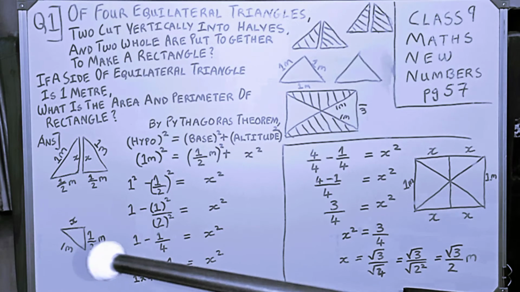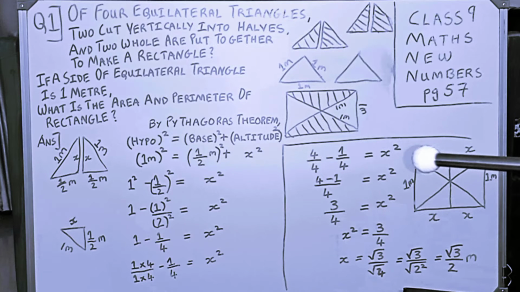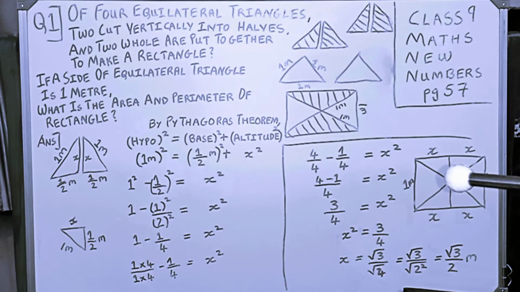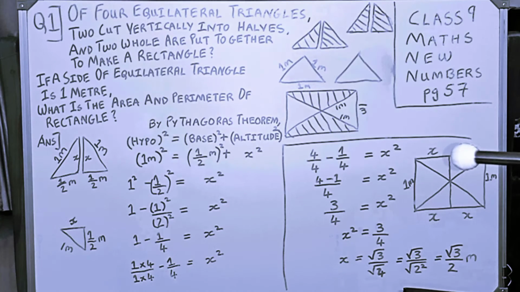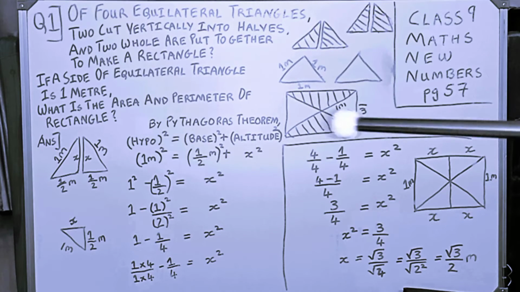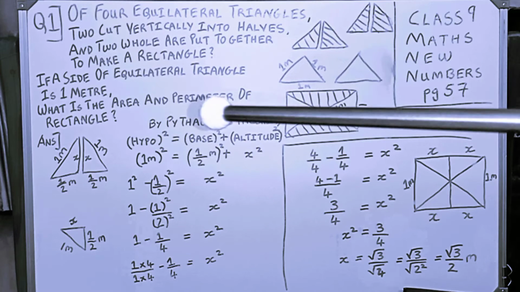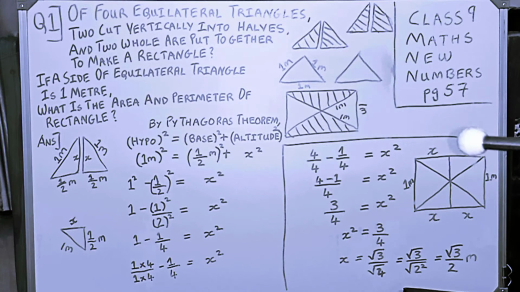You can see from here to here is 1 meter, and from this perpendicular side to here it's half meter. So we have to find out this x. By using Pythagoras theorem, as you are already aware, you can have this formula: hypotenuse squared is equal to base squared plus altitude squared.